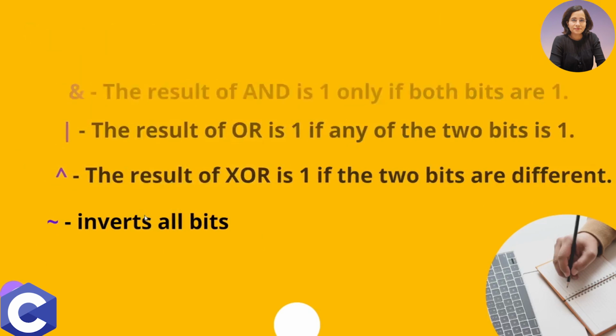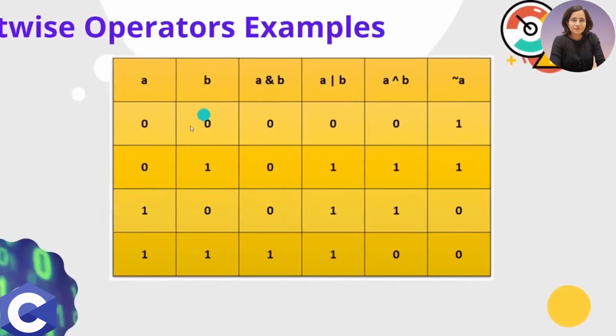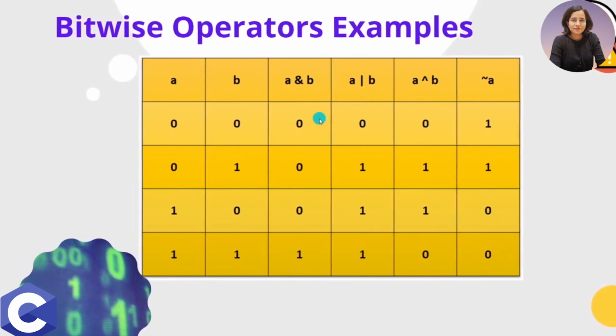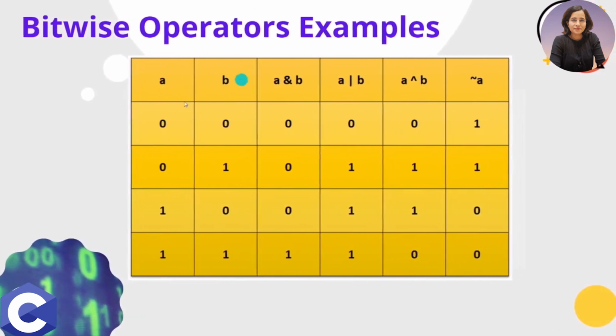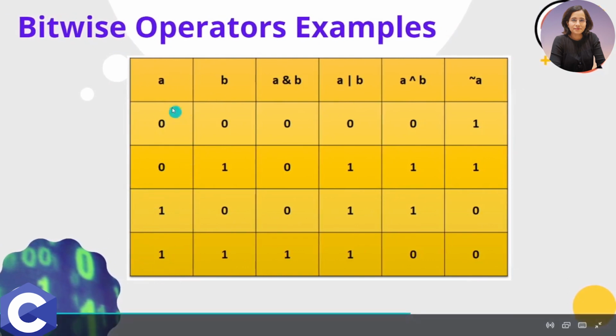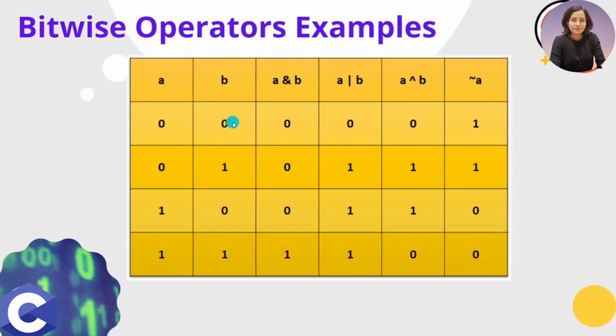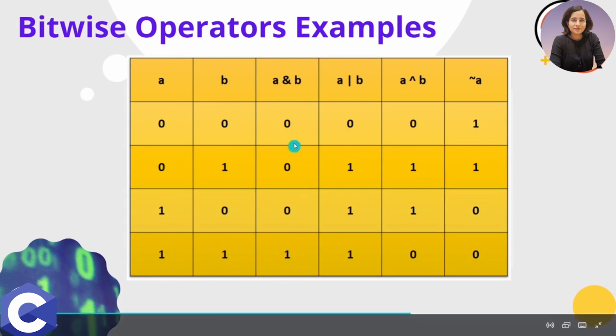So let's understand the working of these bitwise operators with examples. Here I have taken two variables A and B. These are the possible combinations of bits for variable A, and these are the possible combinations for variable B. In case of AND, if both the bits are 1, then only the result will be 1, otherwise 0.